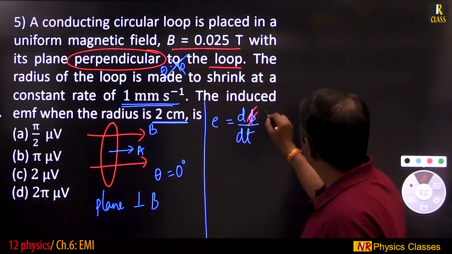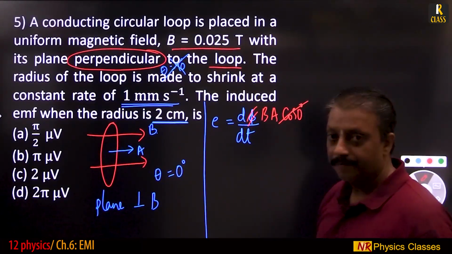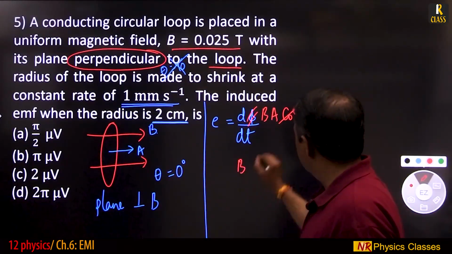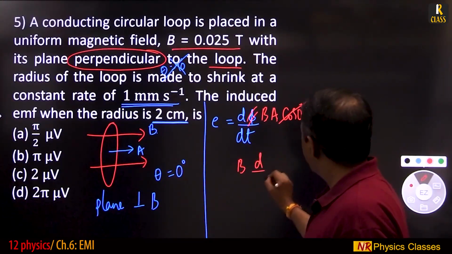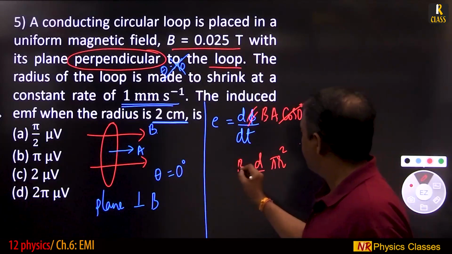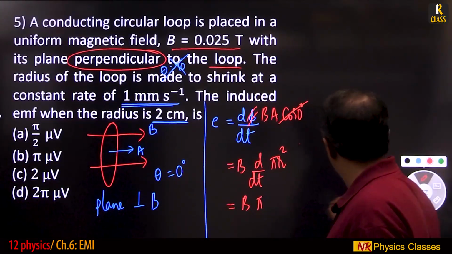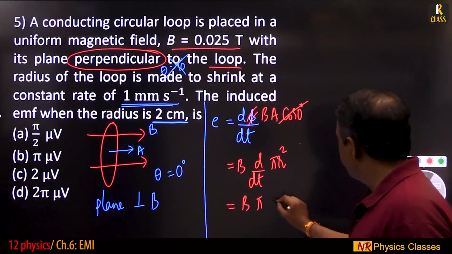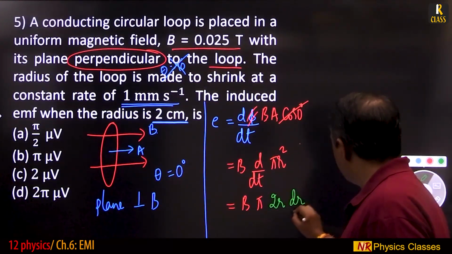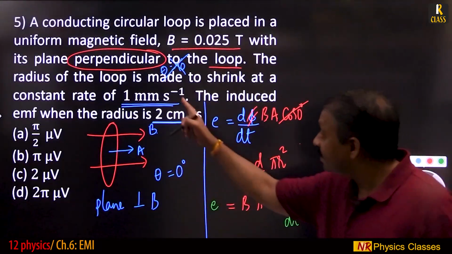Flux is BA cos 0. Cos 0 is 1. Magnetic field times area, which is pi r square. Therefore, magnetic field and pi are outside. Differentiate r square, 2r into dr by dt. This is the induced EMF in such problems.